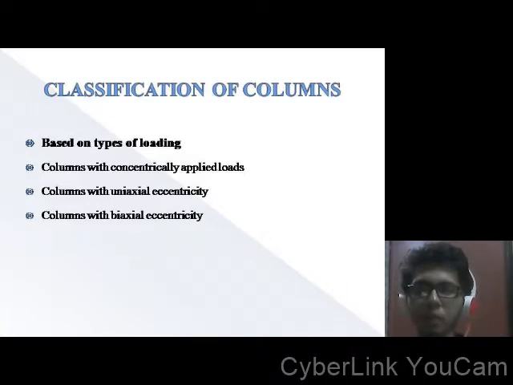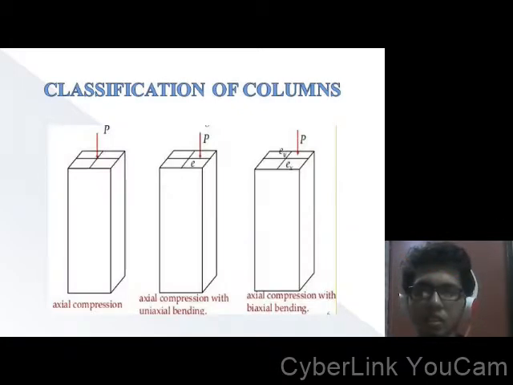Based on the type of loading, the column is classified as concentrically loaded, columns with uniaxial eccentricity, and columns with biaxial eccentricity. Here, this first picture is the axial compression, that is, a force P is applied at the center of gravity of the column.